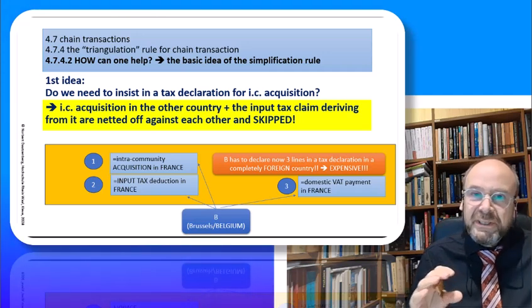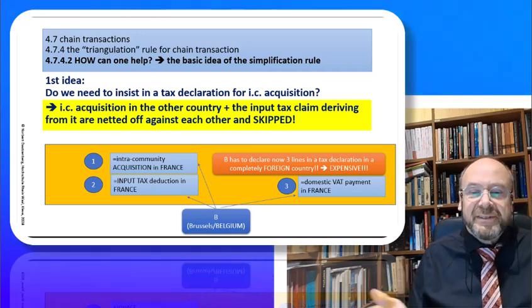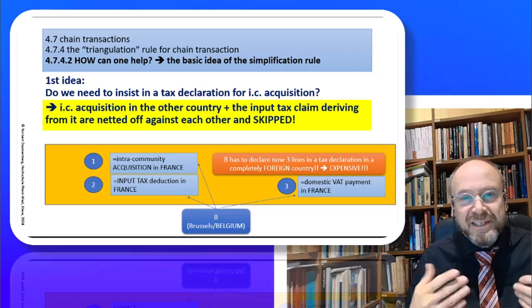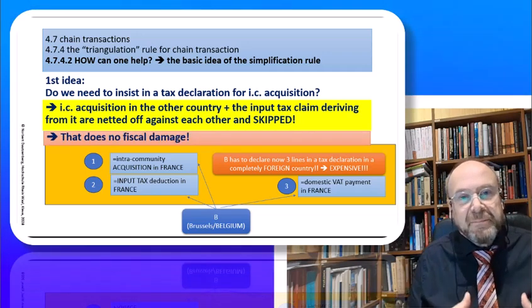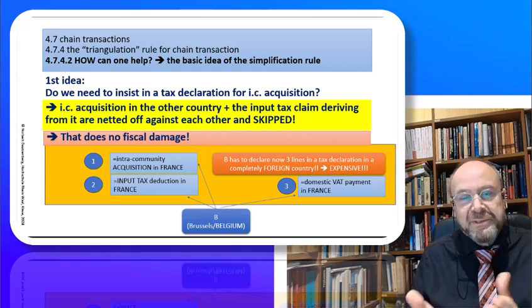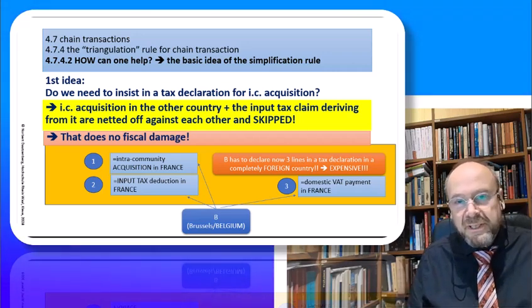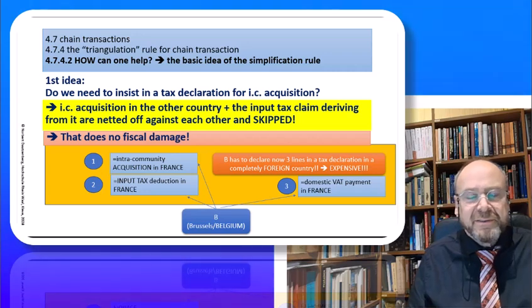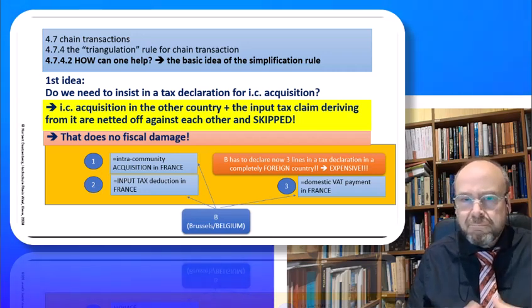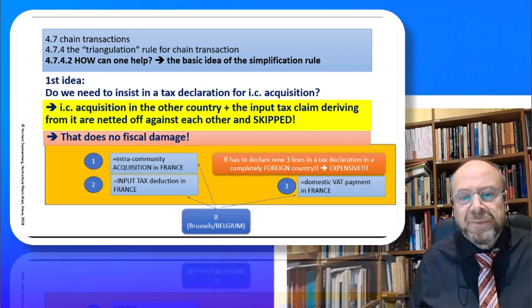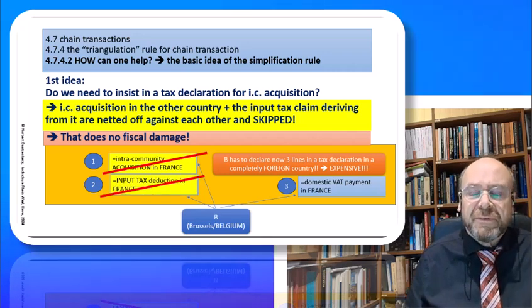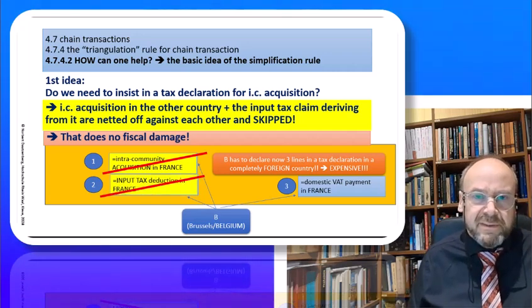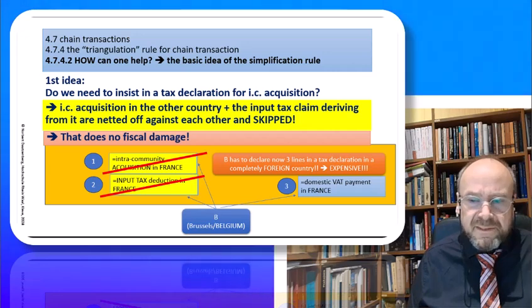So why can't we net it off against each other and declare it as done? So to skip the two lines. That does no fiscal damage because there is always a 100% correspondence here. So one could just say you don't need to hand in your tax declaration in the country of destination, no fiscal damage done.